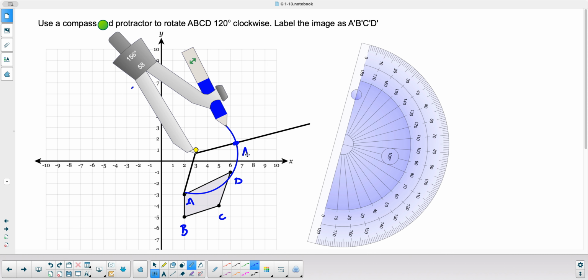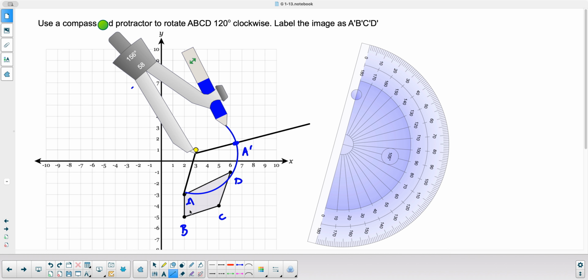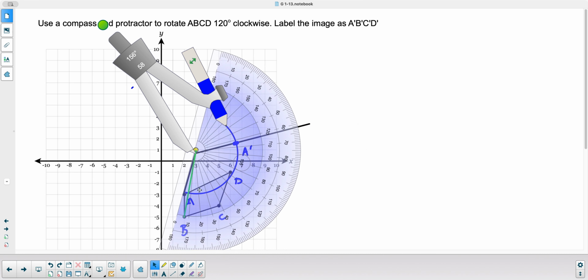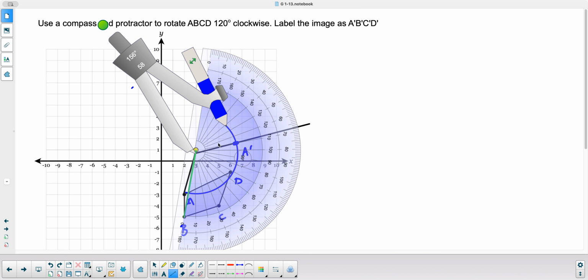Okay, now I do B. So maybe use a different color here. So I'm going to go from there to there, B to the center, and I'm going to measure my 120.